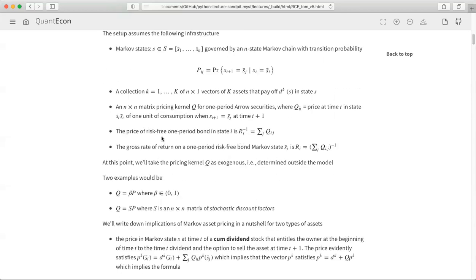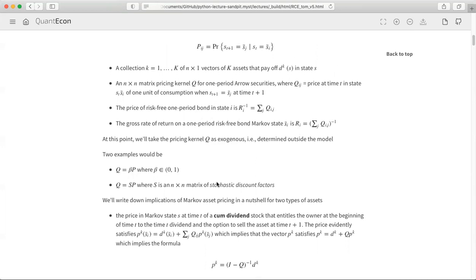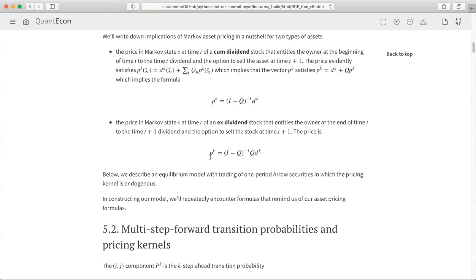We had the price of a one-period riskless bond. We just summed up these Arrow securities prices. The gross interest rate, the one-period interest rate in state i, is just the reciprocal of that. And we gave some examples of pricing formulas for a cum dividend stock and for an ex dividend stock.